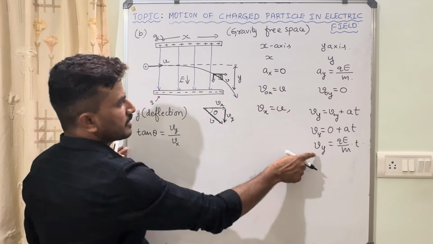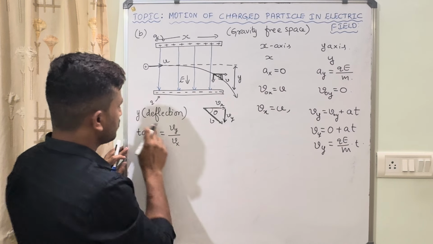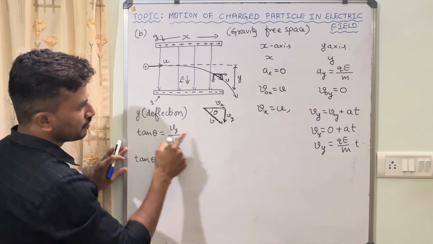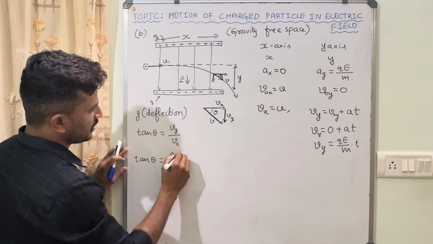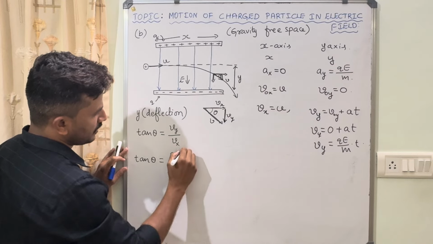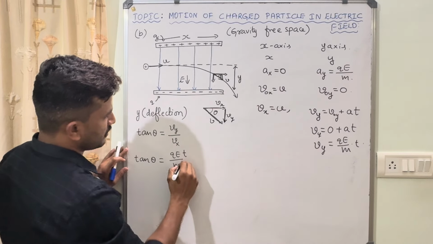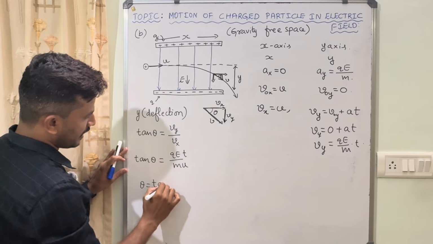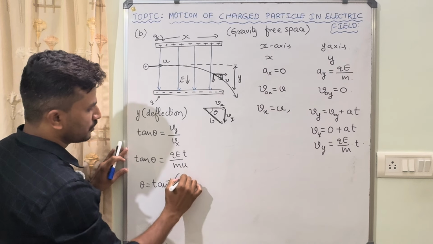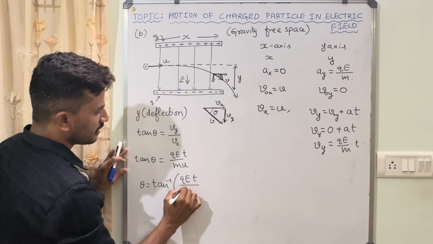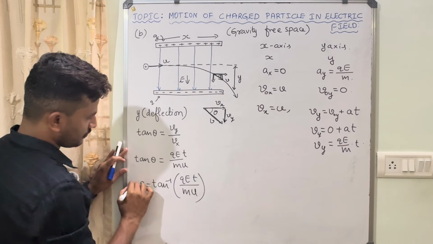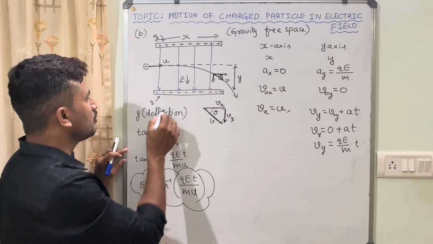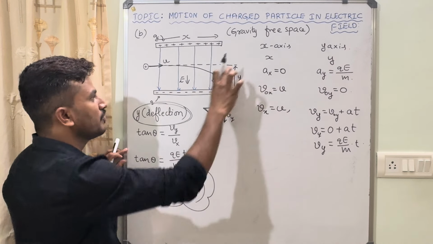By using this, I can derive tan theta. So tan theta is equal to Vy, which is QE by m into t, divided by Vx, which is u. So theta is equal to tan inverse of QEt by mu. Clear? This is theta.